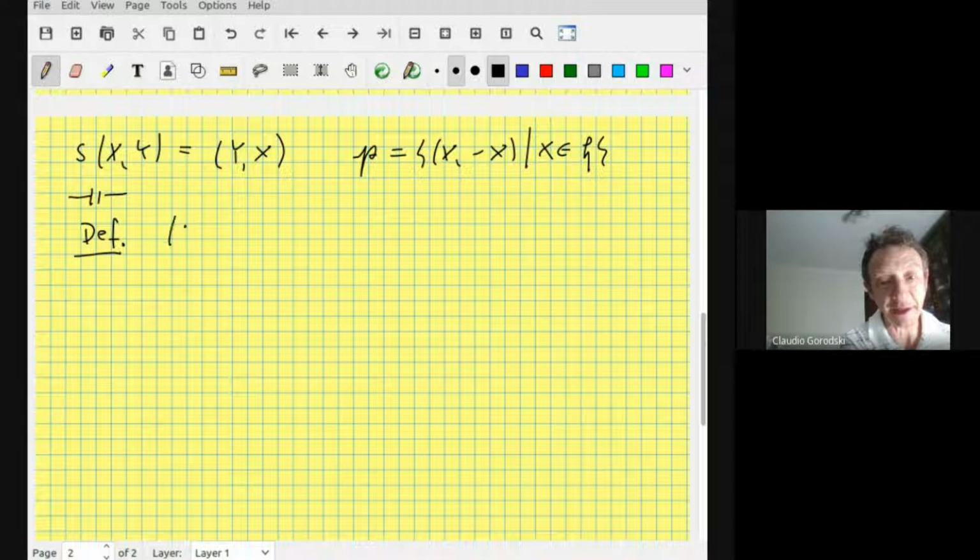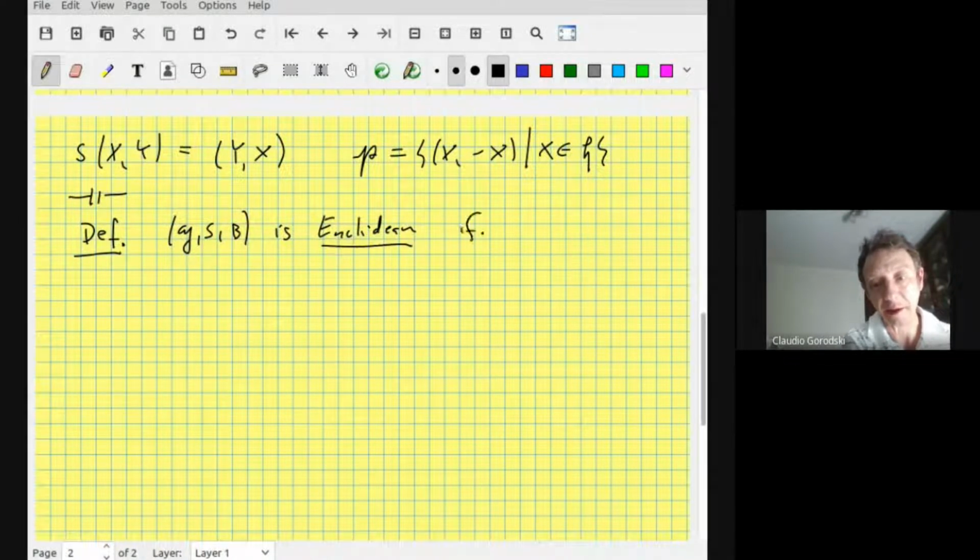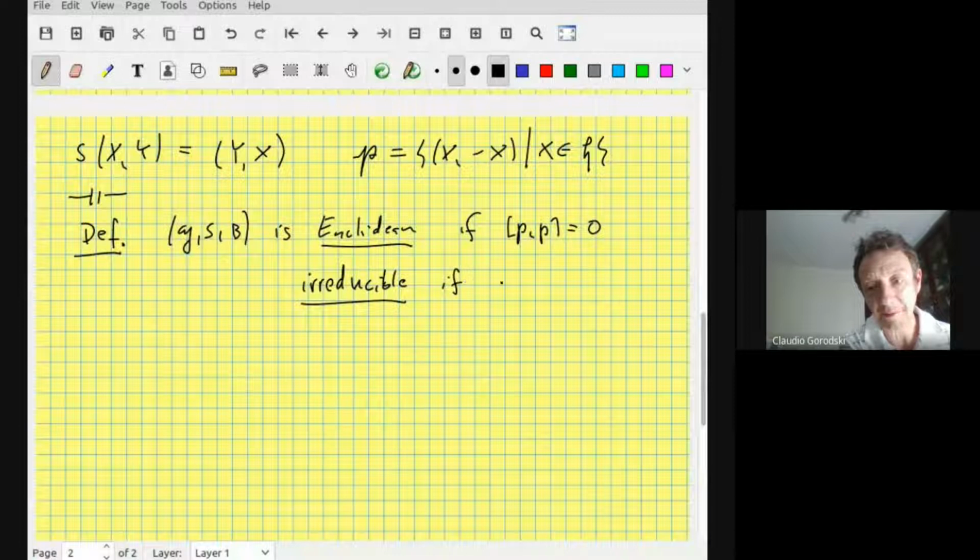We say this Lie algebra is Euclidean if P bracket P is 0, and it is irreducible if the ad K action on P is irreducible.